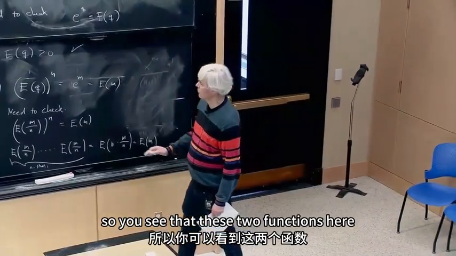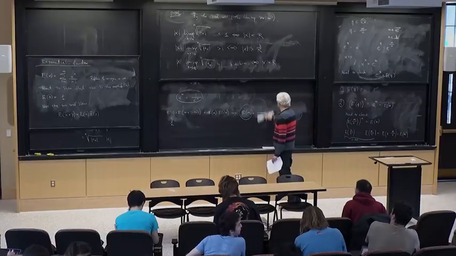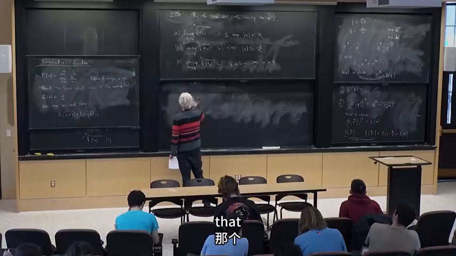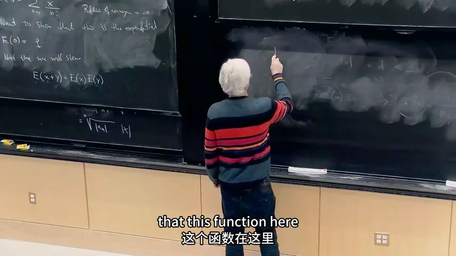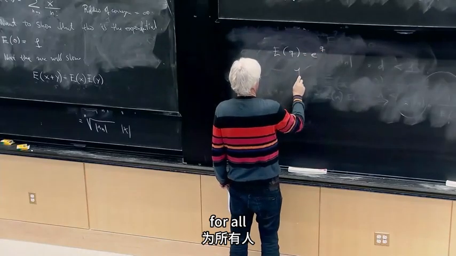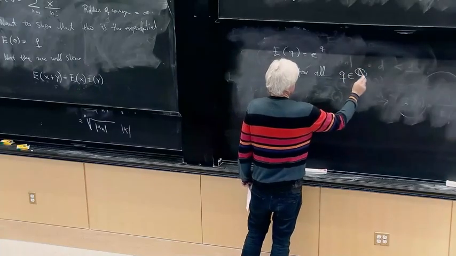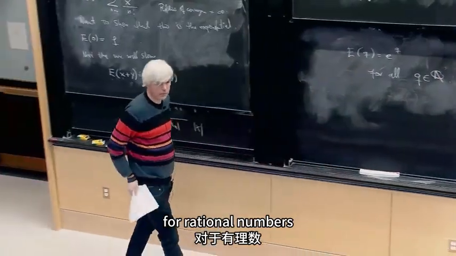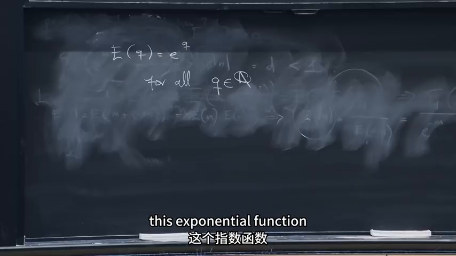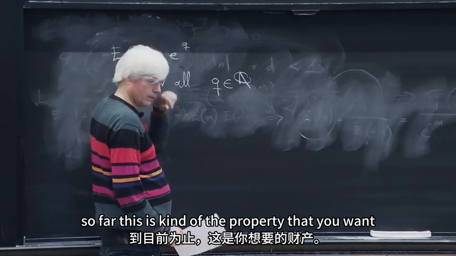So the conclusion now is that this function is equal to this function for all rational numbers. So far this is the property that you want of the exponential function.